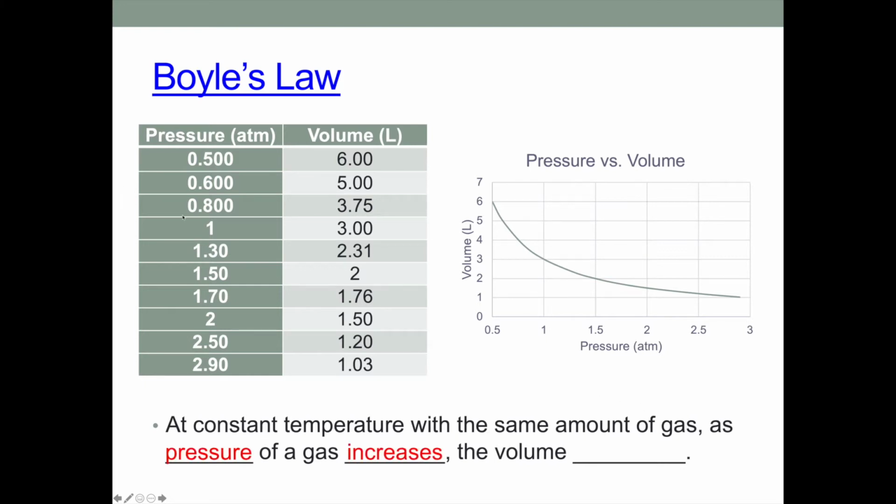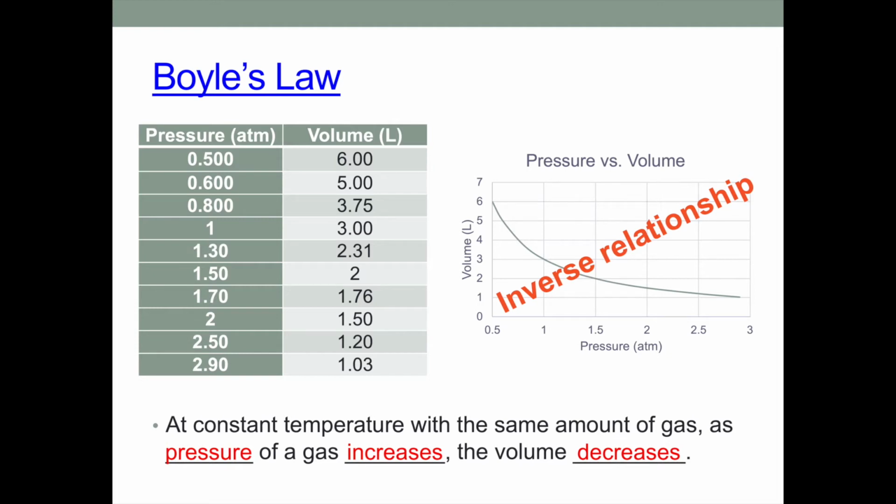pressure of the gas increases, the volume decreases. You can see here in its graph, it is this kind of inverted curve. This is an inverse relationship. Now we can do a bit more with this than just defining what type of relationship it has.